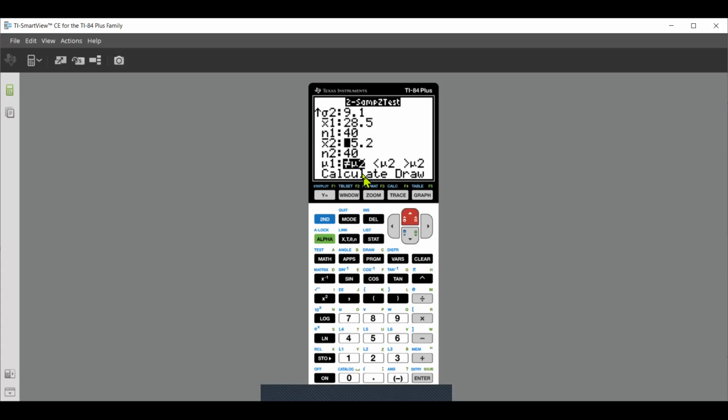So once you get this all in your calculator, the way you see it on my screen here, 7.2, 9.1, 28.5, 40, 35.2, and 40, mu1 not equal to mu2, you can calculate it.